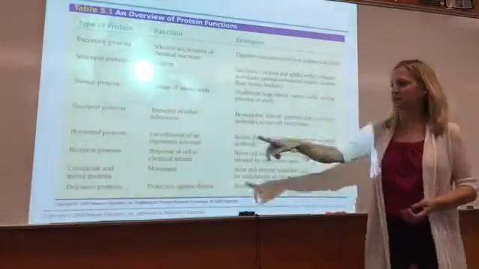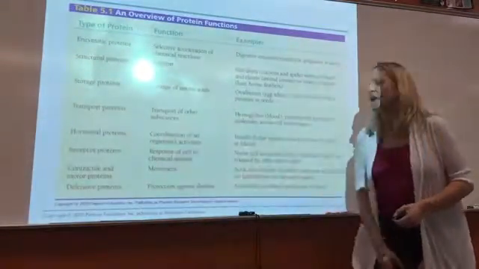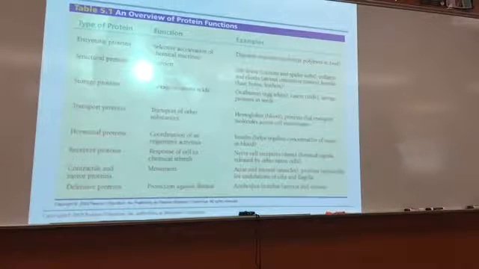Receptor proteins, this kind of goes with hormones. So if insulin is made in your pancreas and goes to all cells of the body, how does it help to get glucose in there? And so sometimes, in your cell membrane, not only do you have a phospholipid bilayer, you also have proteins. And the hormone, like insulin, can bind to that protein.